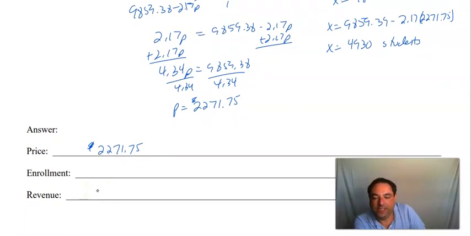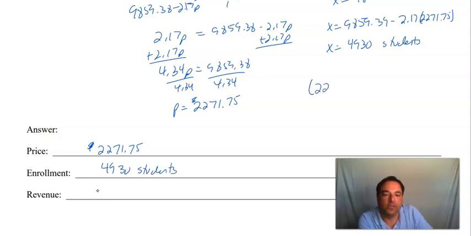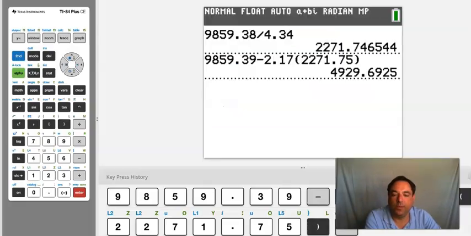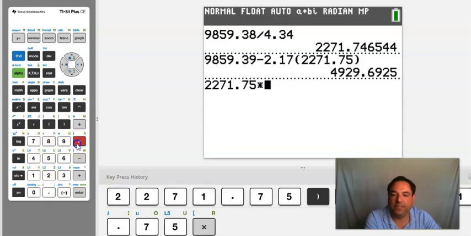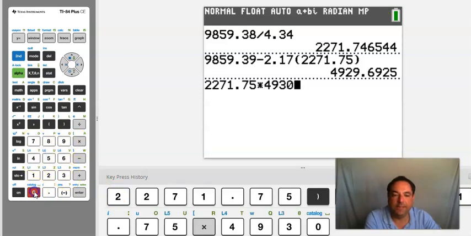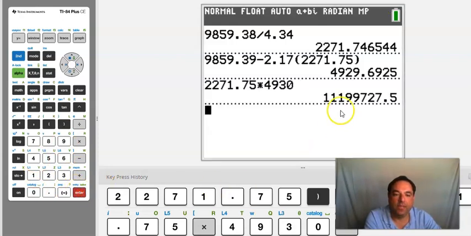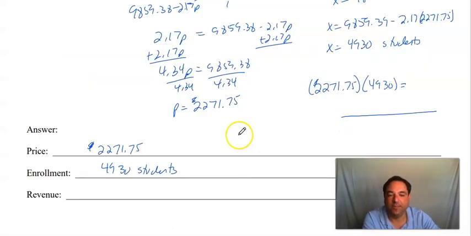So if we know that each student is going to spend $2,271.75, and we will have 4,930 students, we can then find our revenue. So if we take $2,271.75 and multiply by how many students, 4,930, that will give us our revenue. If we put that in the calculator, 2271.75 times 4,930, we will have $11,199,727.50.